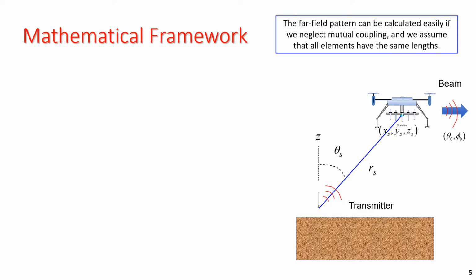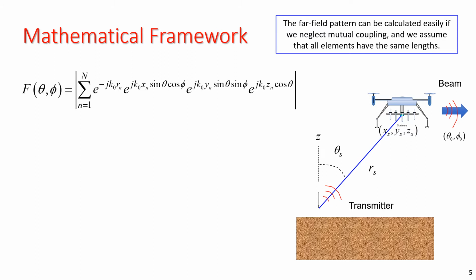Assuming identical scatterers and neglecting the mutual impedance, the 3D far-field scattered pattern magnitude for an array of N scatterers is given by this function f of the polar and azimuthal angles of an observation point in the far field. Here, r_n is the distance from the ground-based transceiver to the nth scattering element. This pattern gets multiplied by the element pattern for the scatterers, which for our purposes we assume to be simple resonant vertical dipoles.